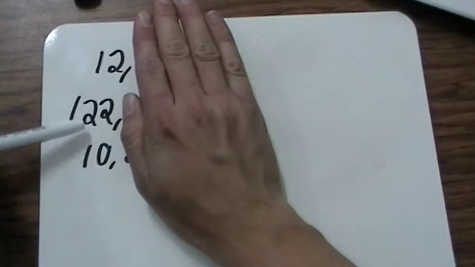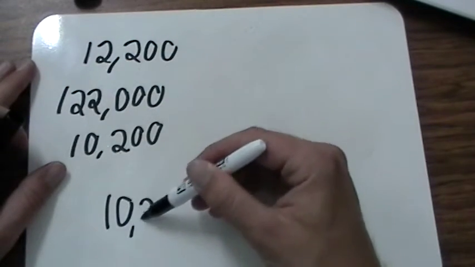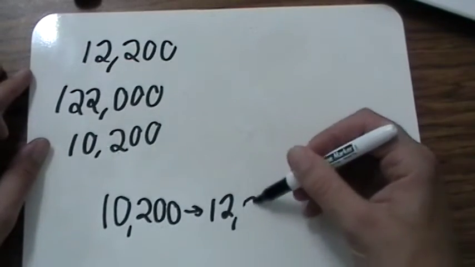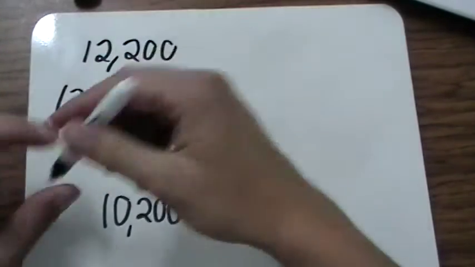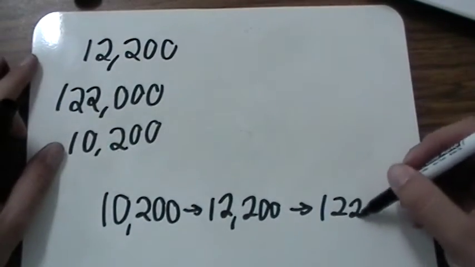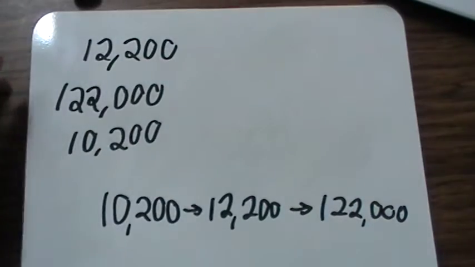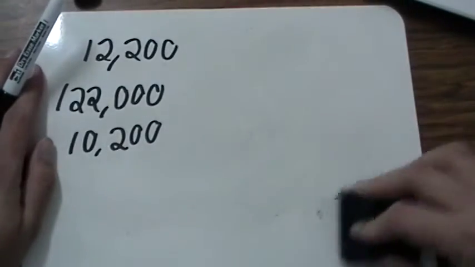Oh, I can see it now, Mr. Ivan. 10 is smaller, so that means 10,200 is the smallest, followed by 12,200, followed by 122,000. That's how we get it in order from least to greatest. Least to greatest, smallest to biggest. All right.